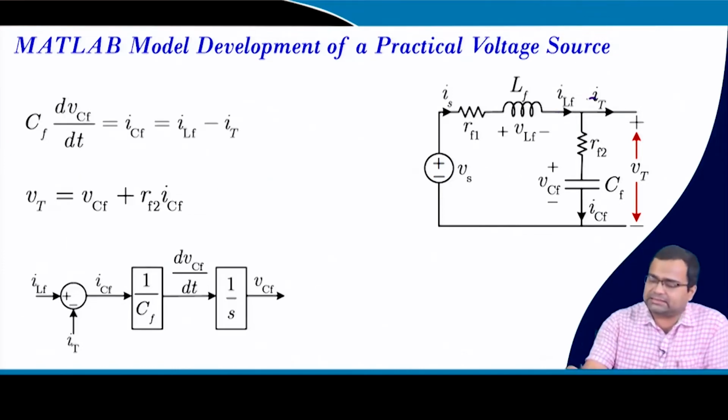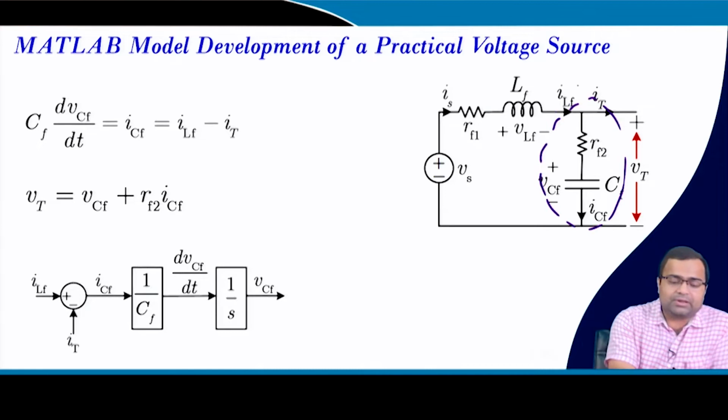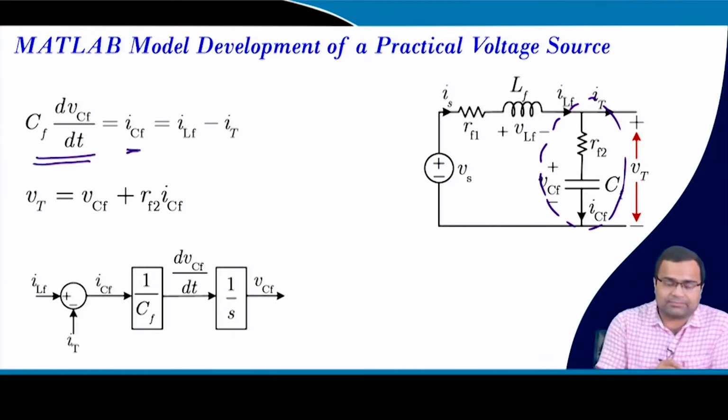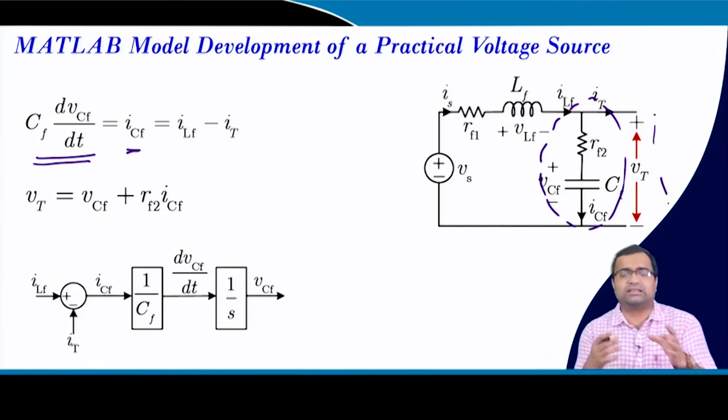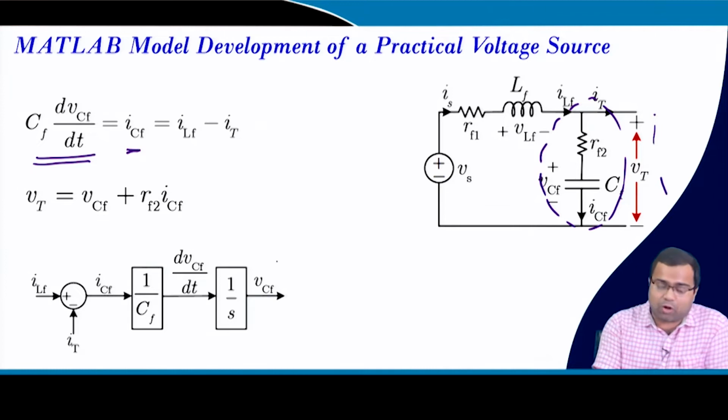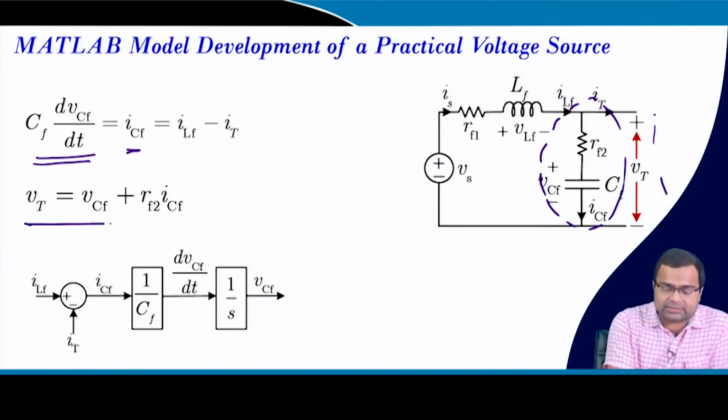Similarly, you can realize the dynamics of this capacitor, because this is the capacitor current going through this path. Then the terminal voltage of this filter, which is nothing but the source voltage, can be obtained by adding these together. That means here we got VCF.